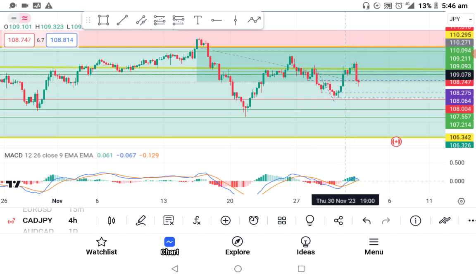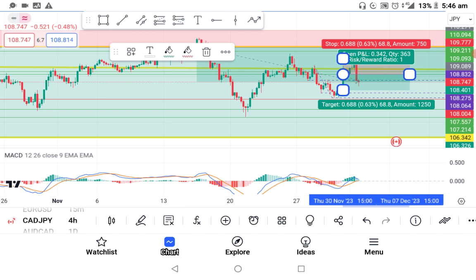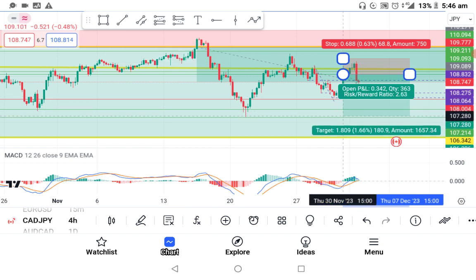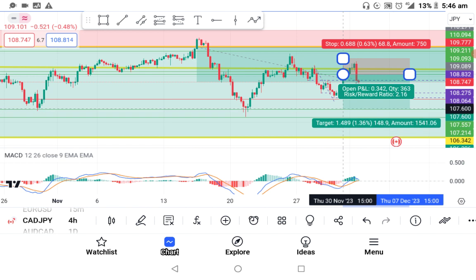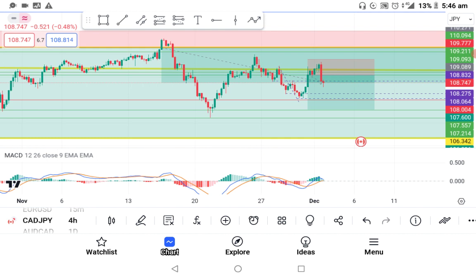You probably missed the trade, but there's still a chance of you going into the trade. This is what actually is happening. Hope you can see what's happening here.